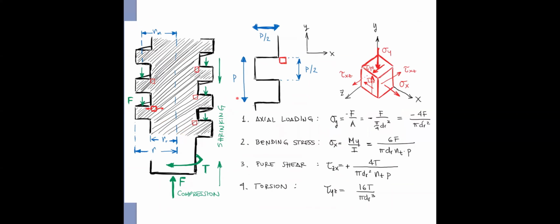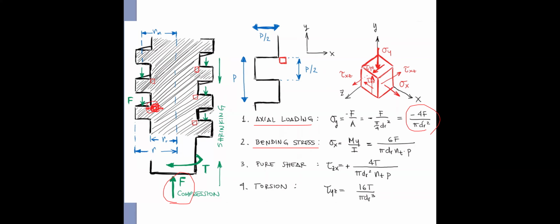Now let's look into the main stresses applied to this power screw. The first is the actual loading and the bending stress. The maximum stress concentration will be located at the critical element.